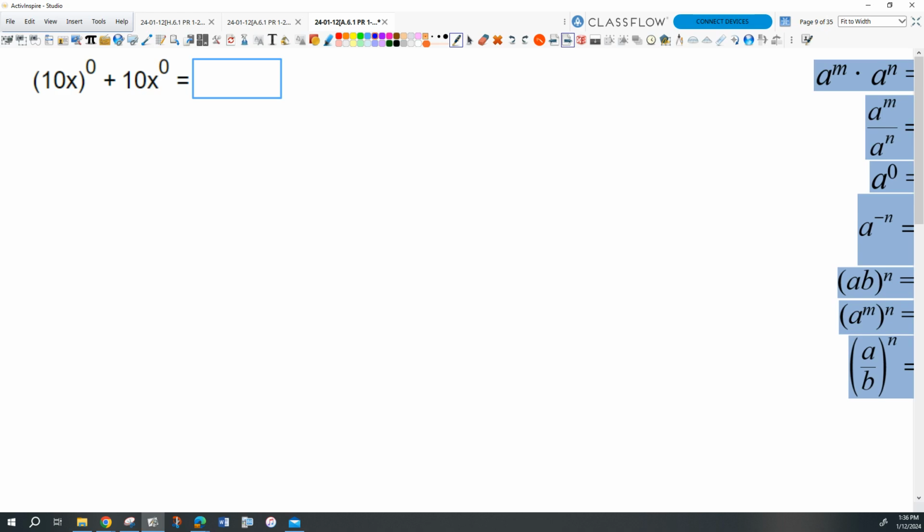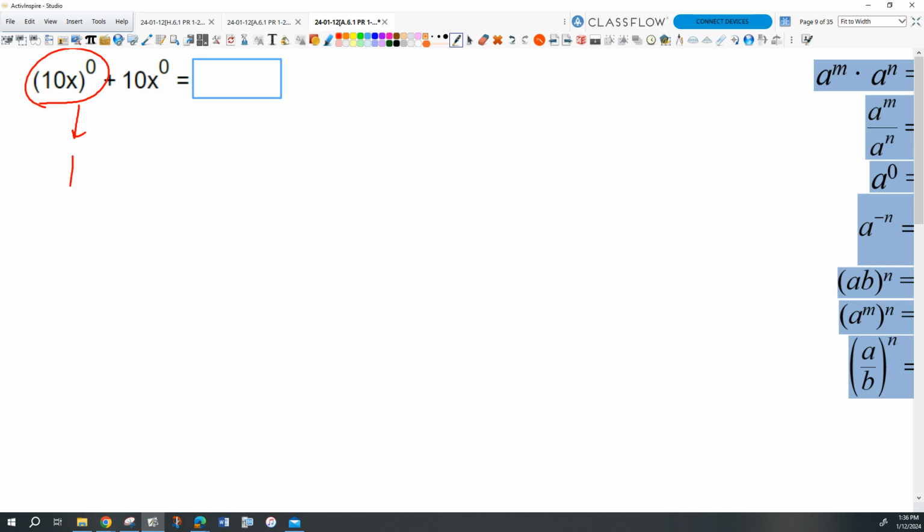We have to take these one at a time. Each of these terms is separate. Let's look at the first one. What's the first one going to give me? It's 1, isn't it? Because I've got something to the 0 power. The whole 10x is being raised to the 0 power, and our rule is anything to the 0 is 1.